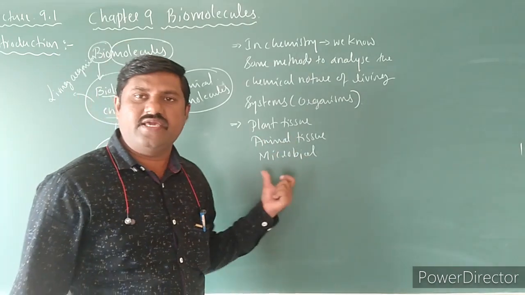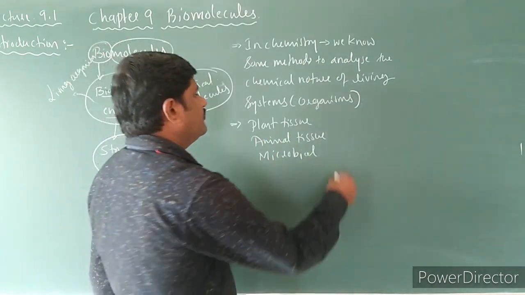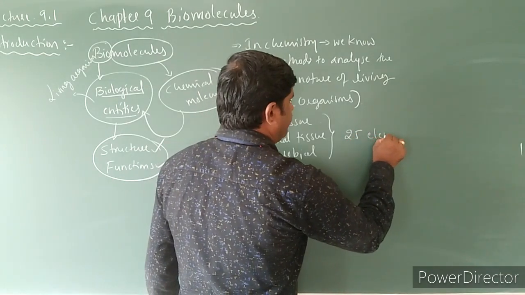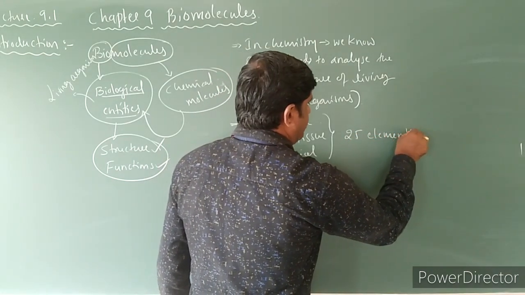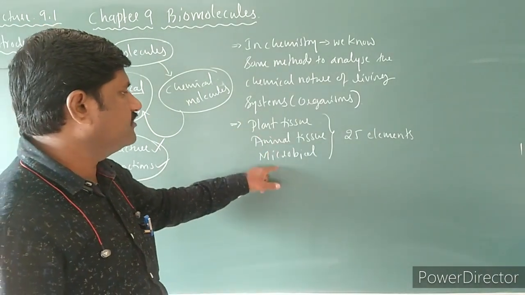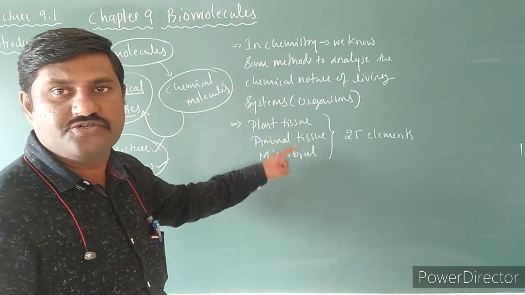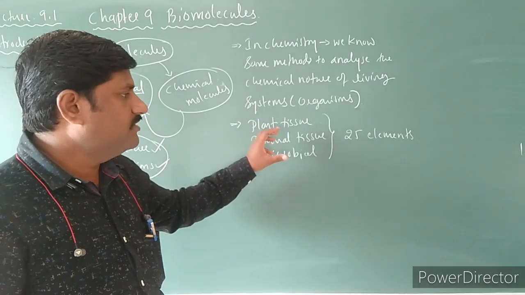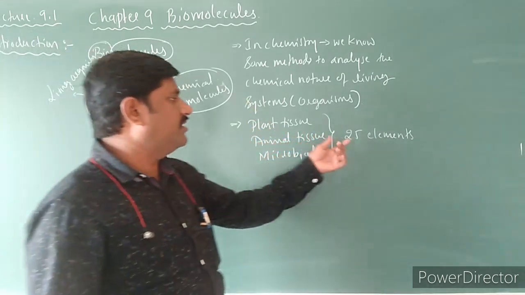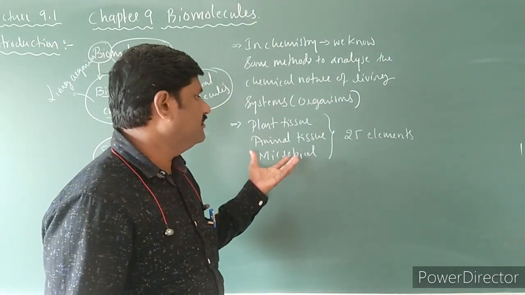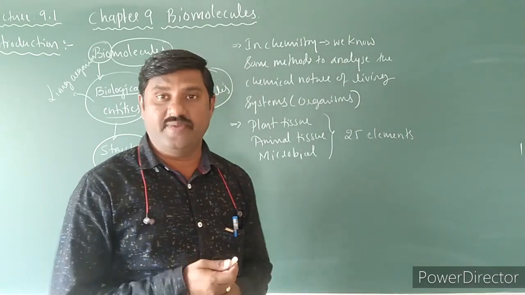When these are chemically analyzed, at that moment we come to know that the body of these organisms, or the contents of the tissues of all these organisms, have similar, common 25 elements. Means they are made up of 25 common elements.